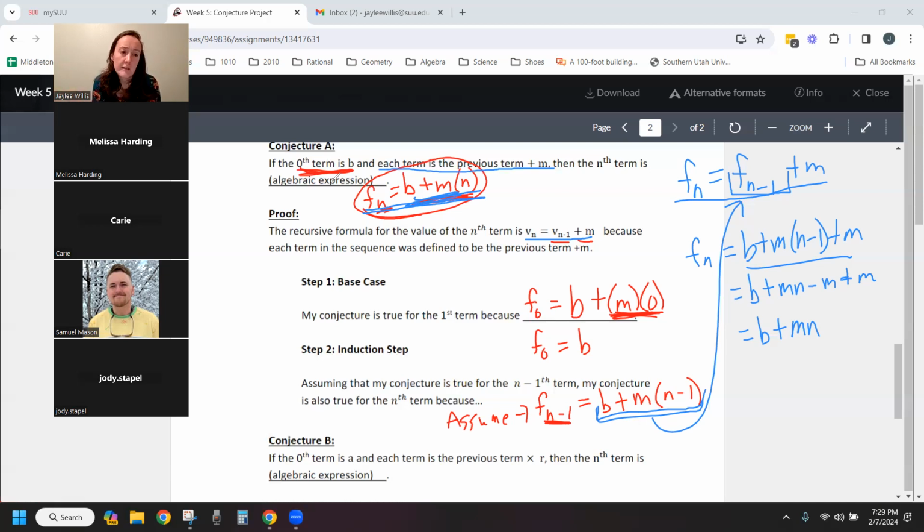Last office hour, I described it as kind of like a domino effect, where proving that the 0th term is true and proving that any previous term implies the next one is true basically topples all the dominoes out to infinity. I don't know if that answered your question.